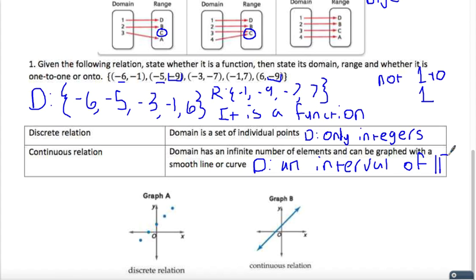So I'm going to use the symbol for real numbers. So the pictures here, we have graph A is discrete because they're just separate points. And there could be infinitely many points, but because there's always some set amount of space between them, that makes it a discrete relation. As opposed to a continuous relation where we can just draw a straight line that connects all of the points.